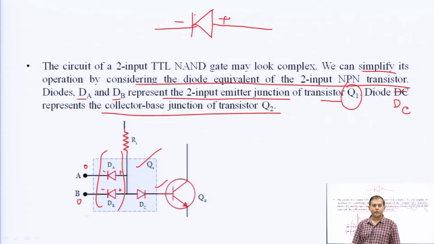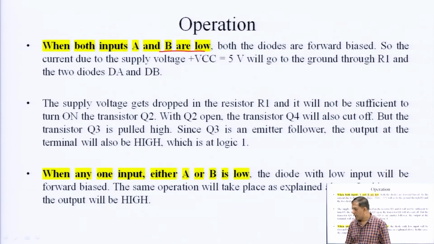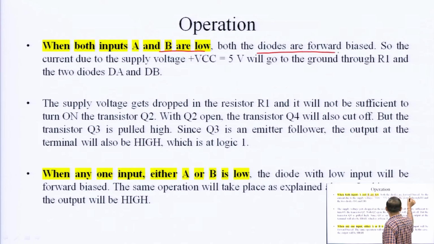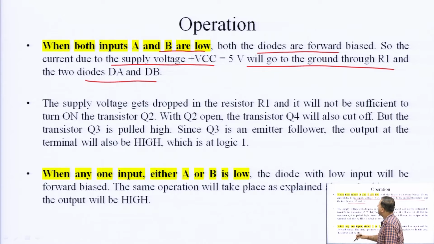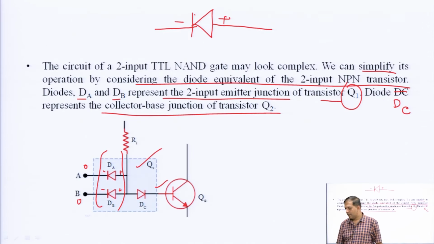Both the diodes are forward biased. So the current due to supply voltage VCC will go to the ground through R1 and the two diodes DA and DB. The current will be going like this, forward biased. These two diodes are in working mode, like a closed switch, on switch, you can say forward bias.